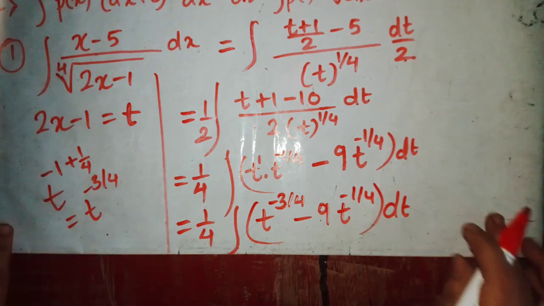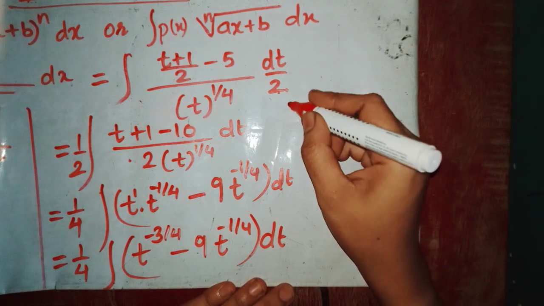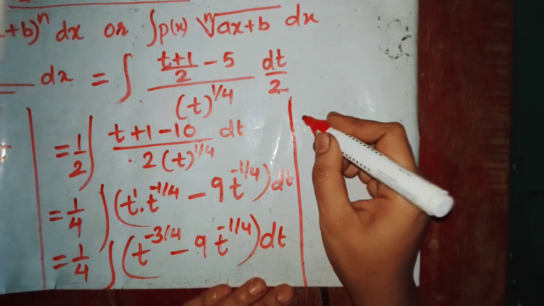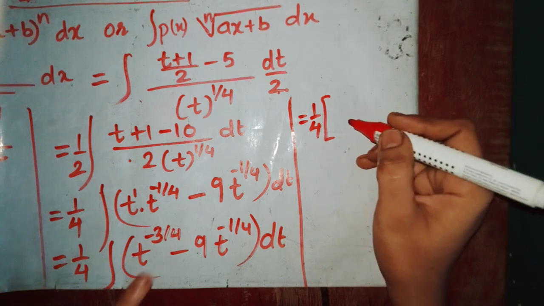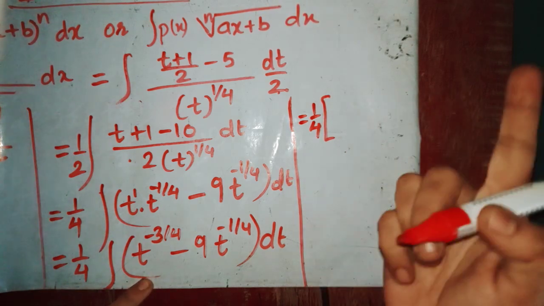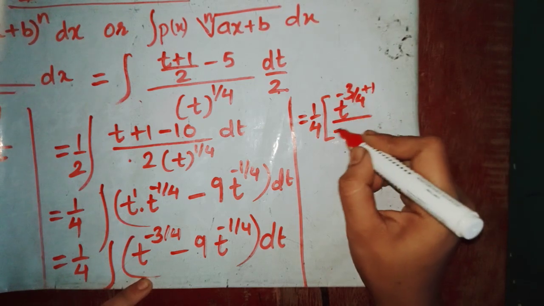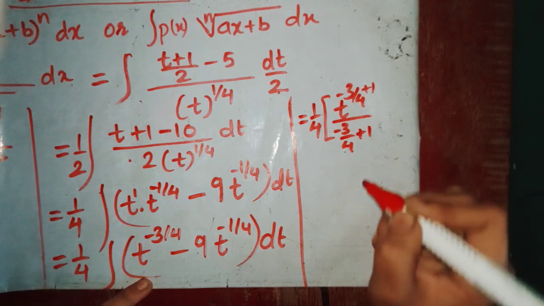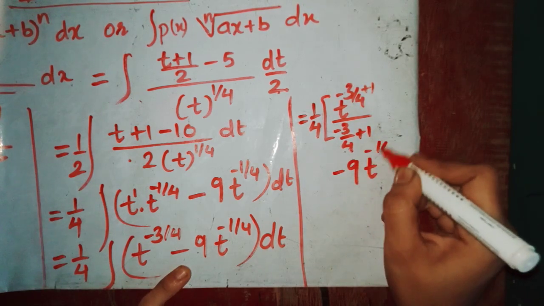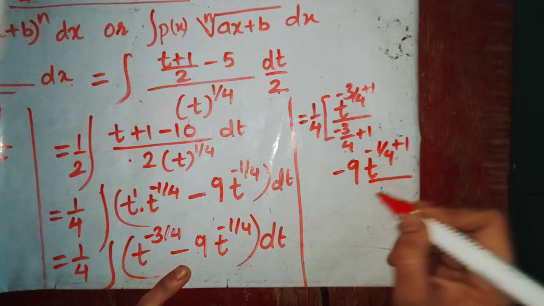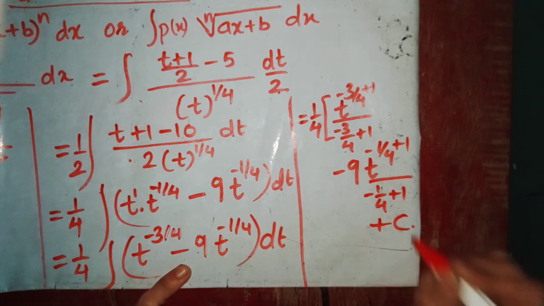Now you have to integrate. After integrating, 1 by 4 is outside. So t raised to 3 by 4 plus 1 upon 3 by 4 plus 1, minus 9 t raised to minus 1 by 4 plus 1 upon minus 1 by 4 plus 1, plus c.